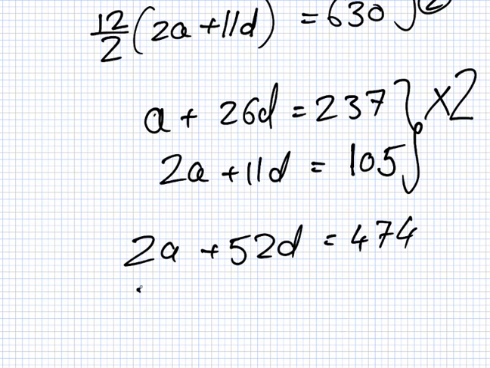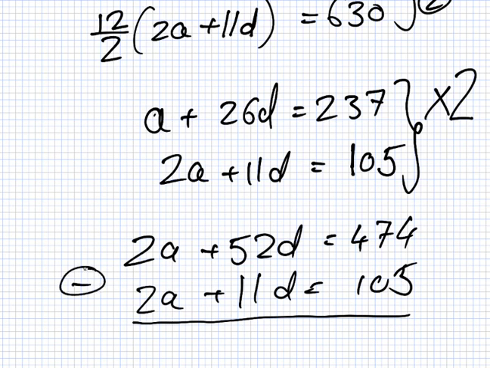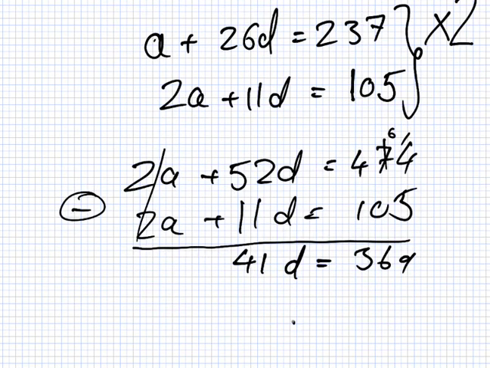And here I have 2A plus 11D equals 105. So I can subtract, 41D equals 369. So D goes in that, what's that, 9 times. Is it 9? Yep. Okay, so this is 9.